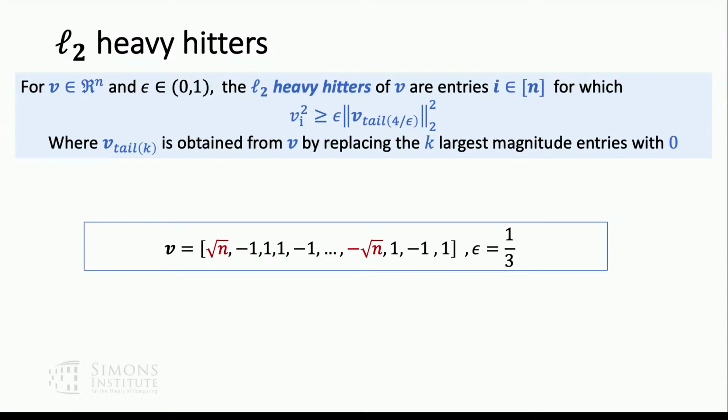You only need to dominate an epsilon fraction of the tail. About 1 over epsilon of the heaviest entries can be heavy hitters, and they just need to dominate the tail, which is the rest with the heavy entries removed. So this is the L2 heavy hitters.